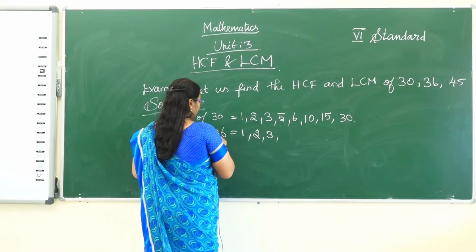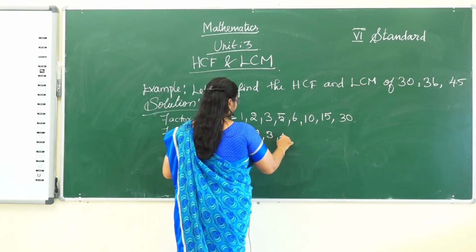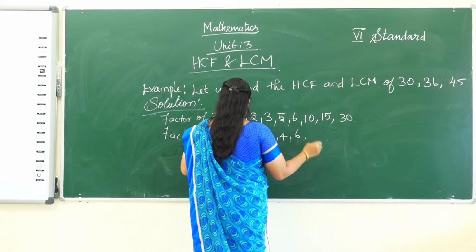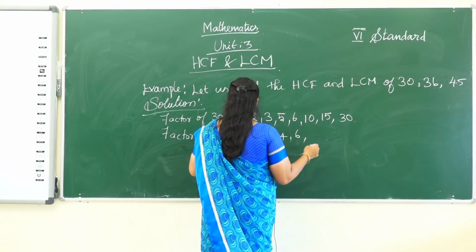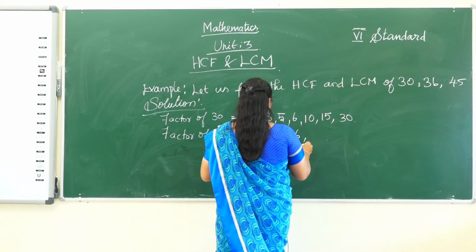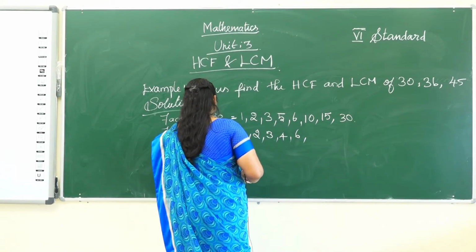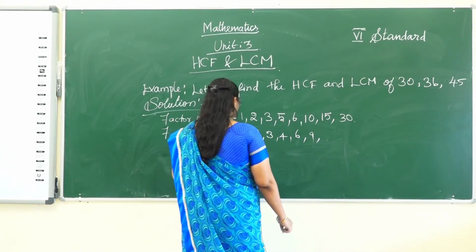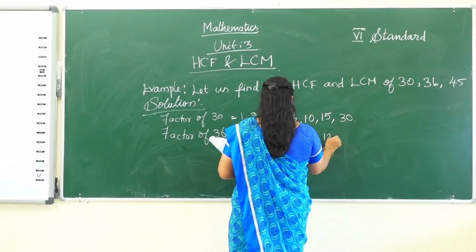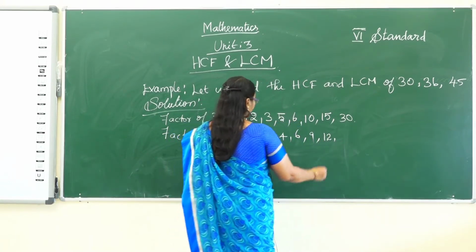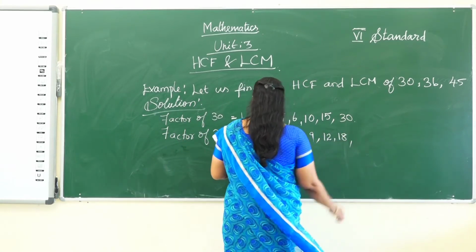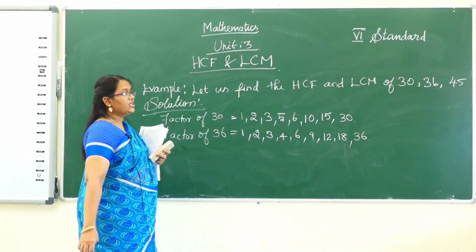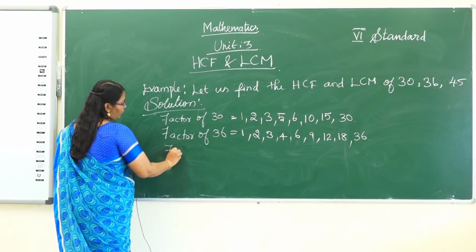So next 4, 4 9s are 36, and 5 is not possible, and then 6, 7, 8 is not possible. 9 4s are 36, and then 12 3s are 36, and then 18 2s are 36, and the final one is 36 1s are 36.